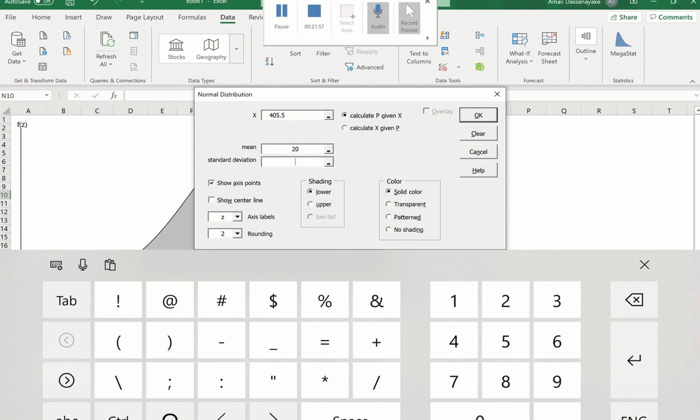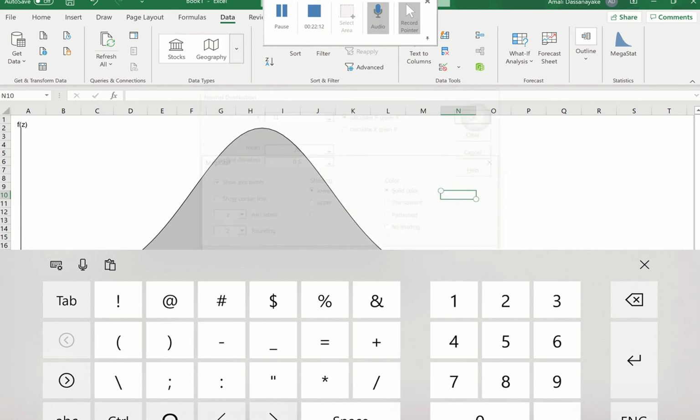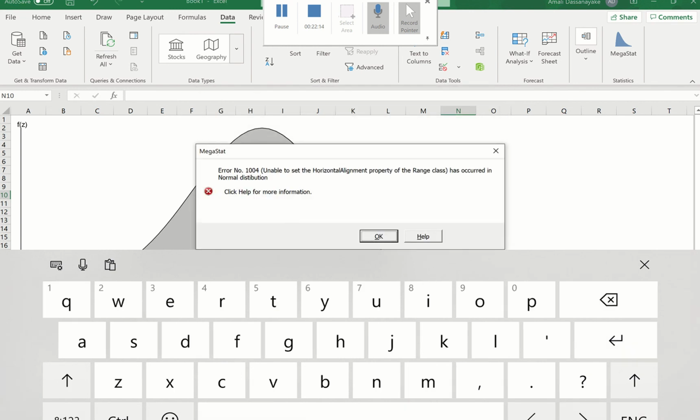So that means 5 over 10, which is 0.5. I did the math, but you can do 5 divided by SQRT of 100 as well. So you need to do 2 readings, one for 21. Click OK.